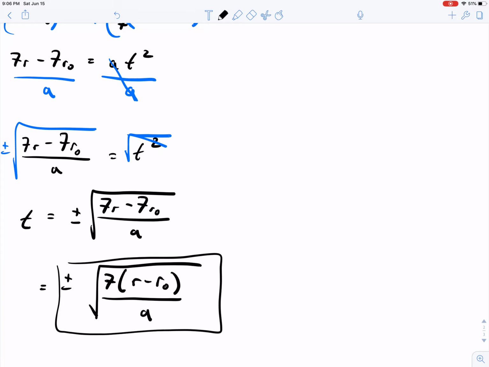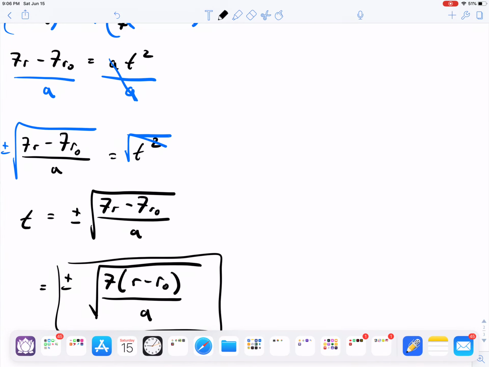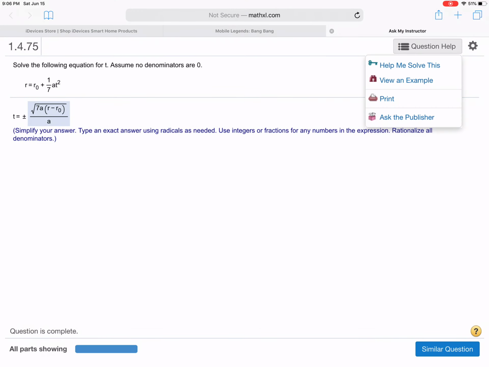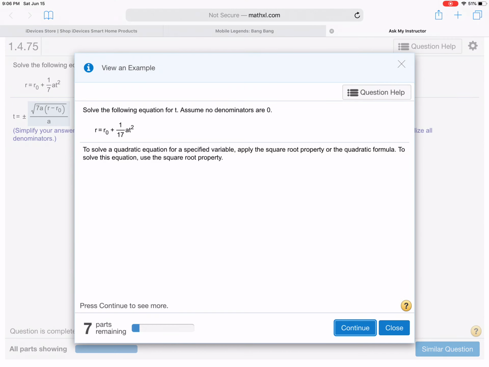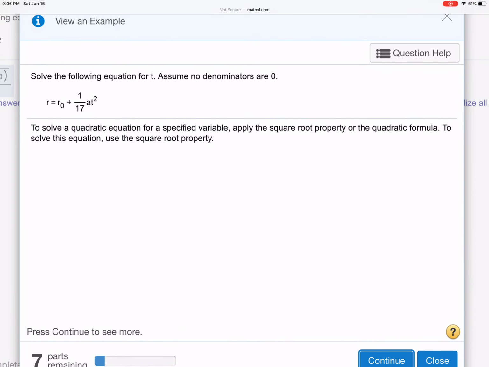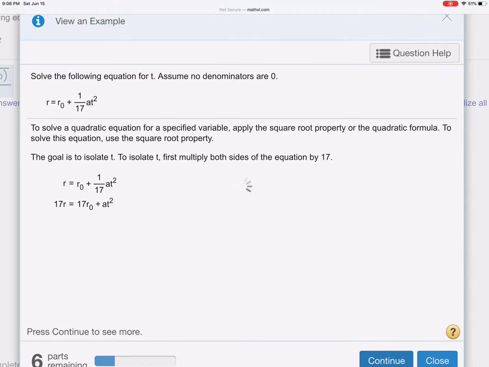I'm going to do another example. Matter of fact, I'll pull it up now. I'm going to go to view an example, just to make sure. Actually, we can look at this together. I'm just going to hit continue a few times. So we will subtract the r first. Okay, you can multiply both sides by 17, that's fine.